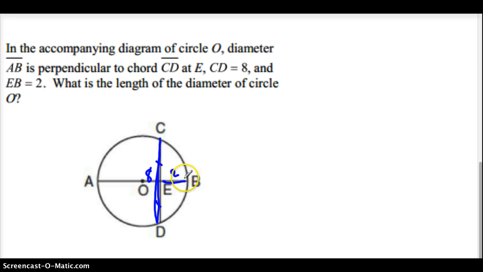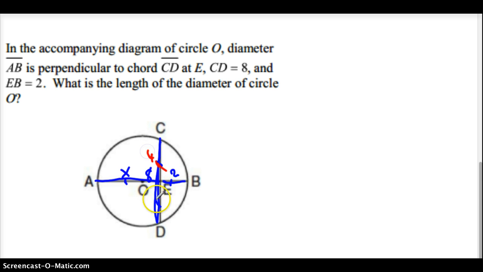Now check it out. This is what we know. We know, once again, the chord theorem, which states that this part times this part is equal to this part times this part. And since I don't know this whole part right here, let's put a little x over here. Now, once again, going back to some knowledge, if I know that CD is equal to 8, what's this equal to?